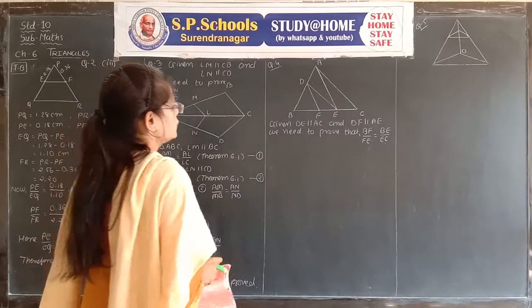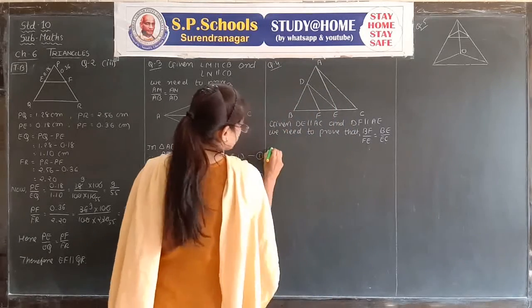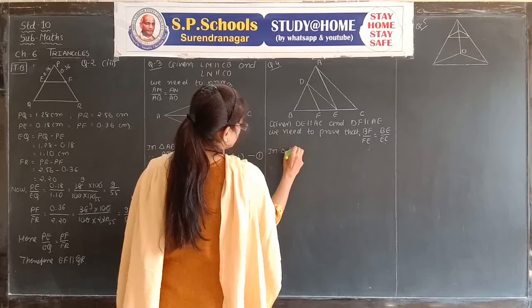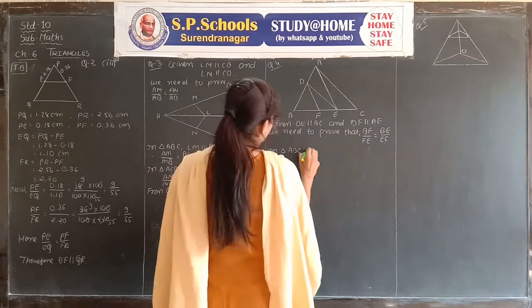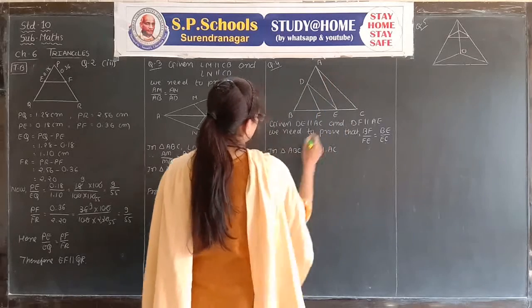See the figure first of all. DE parallel to AC is in triangle ABC. In triangle ABC, DE is parallel to AC.